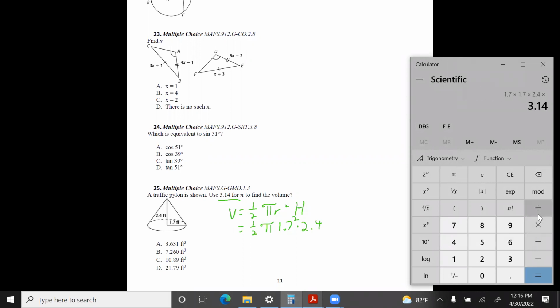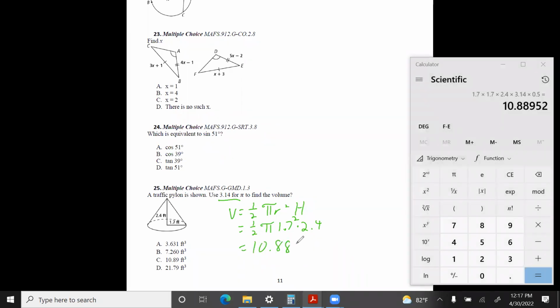And then we have times 1/3. Either way works. But my answer should be 10.88952, which rounds off to C, 10.89. All right, clear that off.